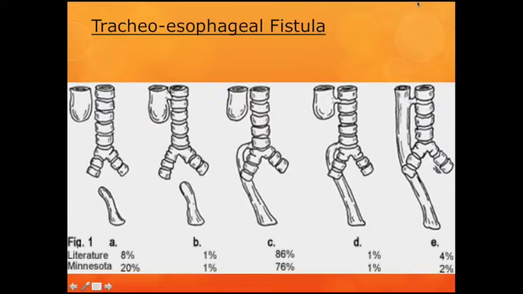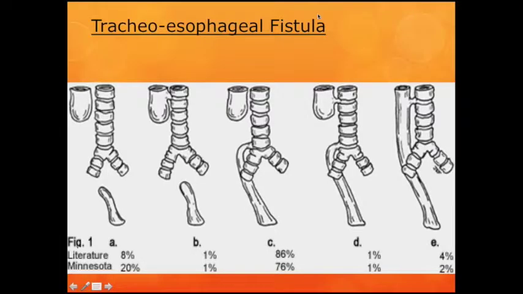Okay. So tracheoesophageal fistula is where there is a connection between the trachea and the esophagus at birth, and sometimes there's no actual fistula. There's just esophageal atresia, but that falls into one of the categories.